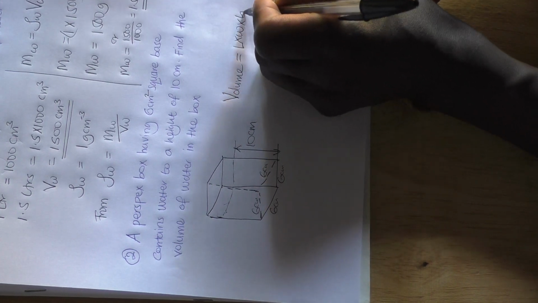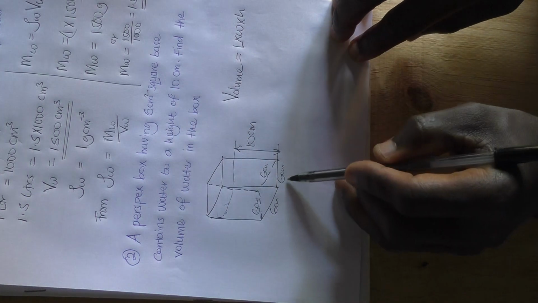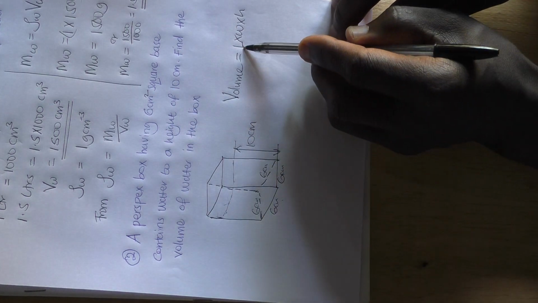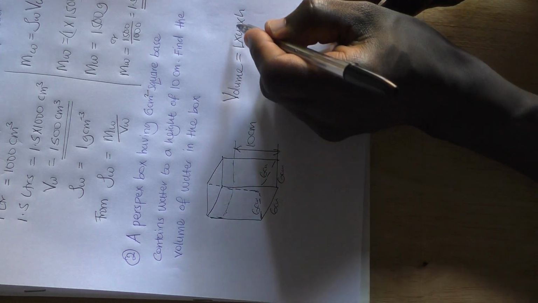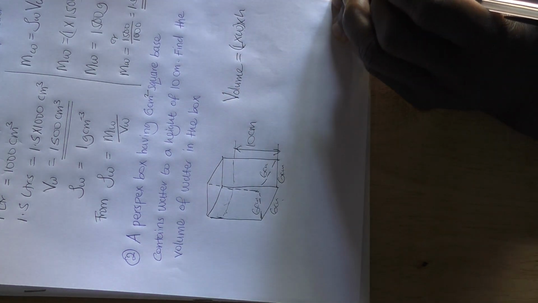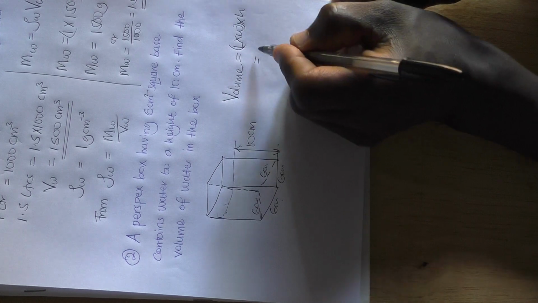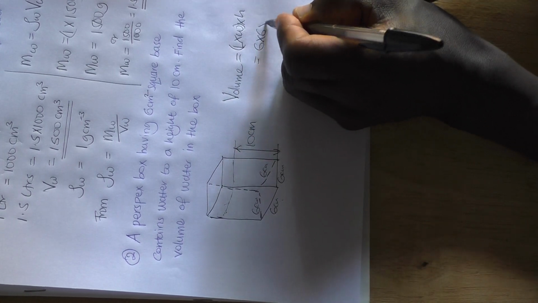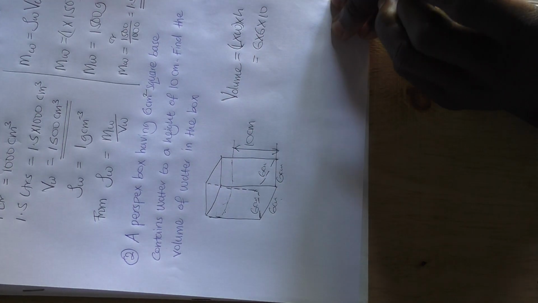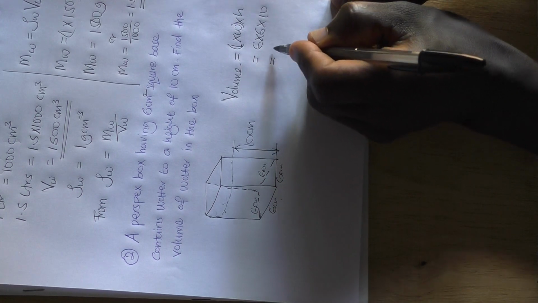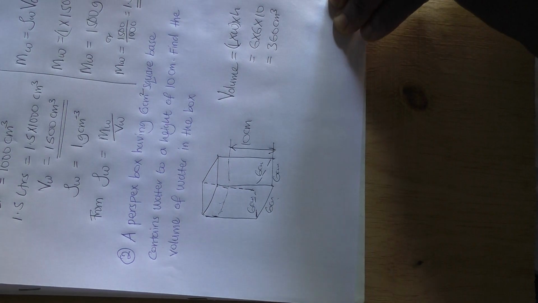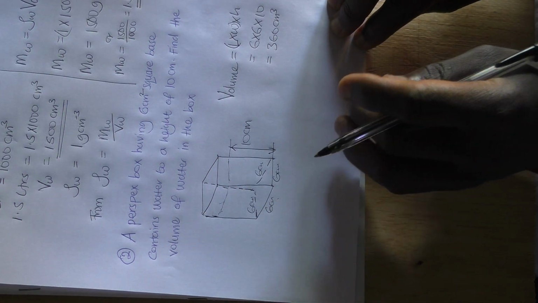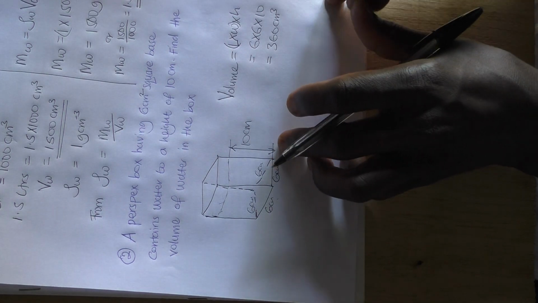But since it has a square base, the length is the same as the width, and this gives us the base area. So we shall have 6 times 6 times the height, which is 10, giving us 360 centimeters cubed. So that is the volume of the water in the box.